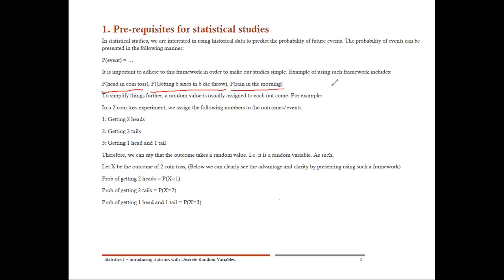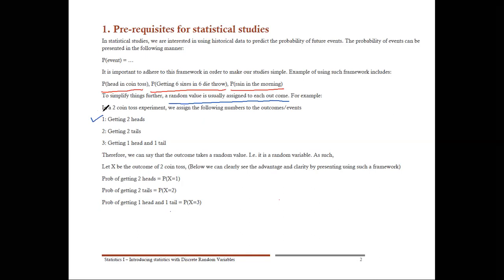Okay, what we can do here is to assign a random value to each outcome. Okay, this framework helps us to solve statistics questions easier. Okay, so for example, if we have a 2 coin toss experiment, we will assign the following numbers to the outcomes or events.